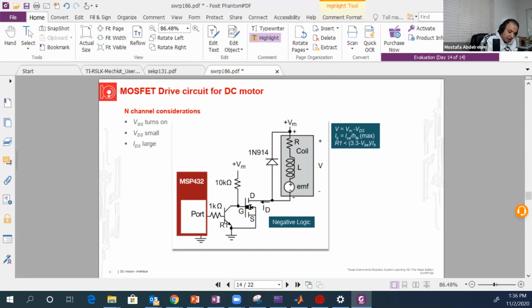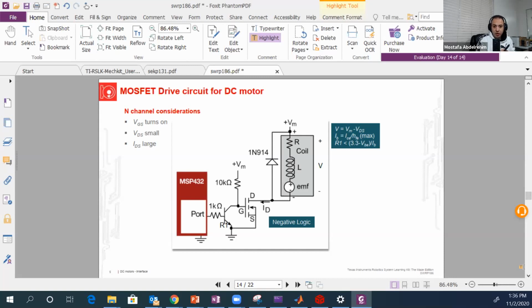This guy will work. Usually the voltage here is around 0.1 or 0.2, not 0.5. So most of VM will go to the motor, and the motor will rotate with higher strength, we can say.